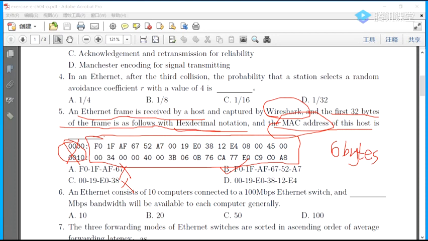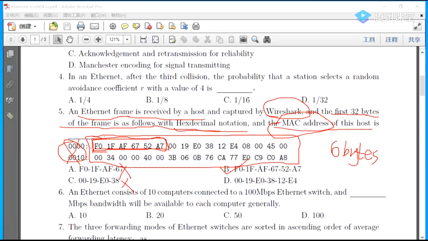And the destination address is the first 6 bytes, right?